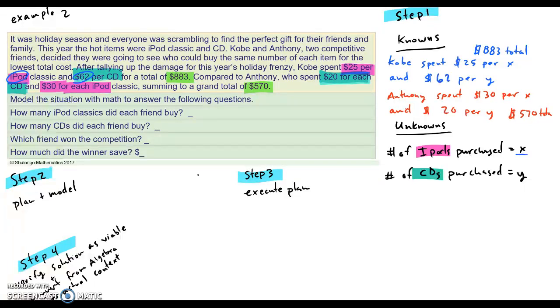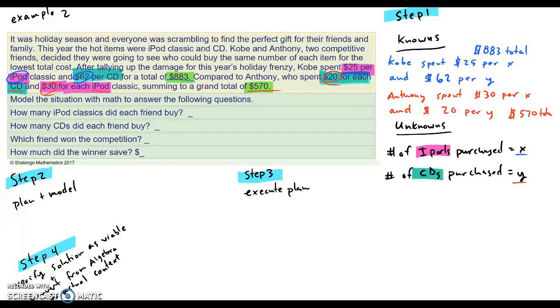And then I did the same thing for Anthony, right? He spent $30 per iPod, which is X, and he spent $20 per CD, which was Y. And then Kobe spent a total of $883, and Anthony spent a total of $570.